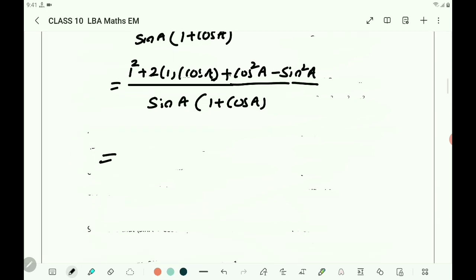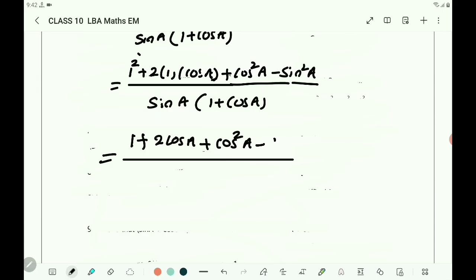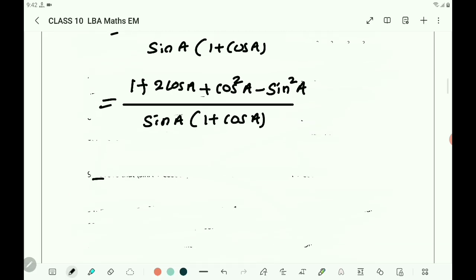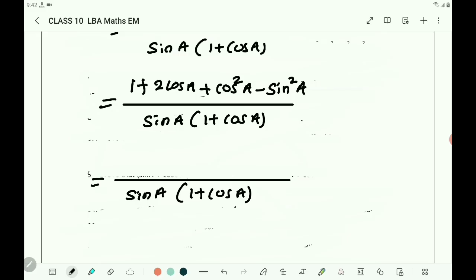Then write 1 square as 1, plus 2 cos A, plus cos square A minus sin square A, by sin A into (1 + cos A).